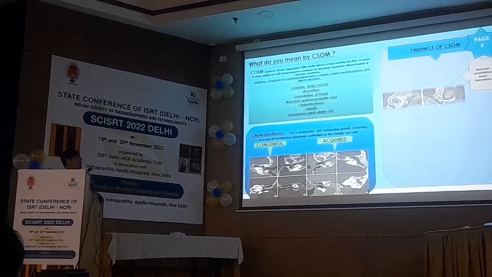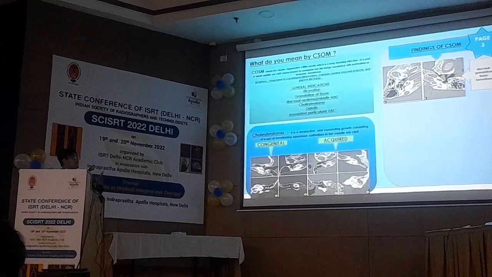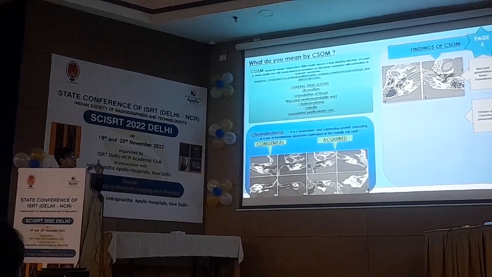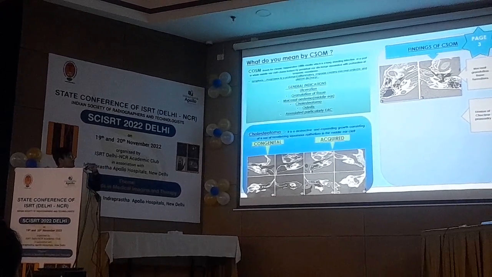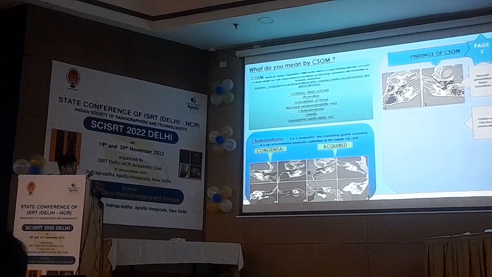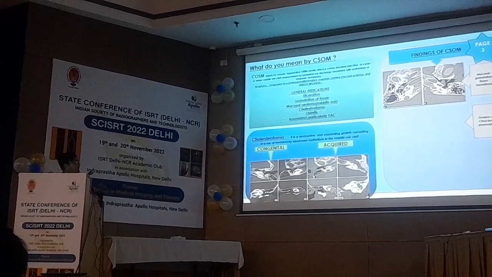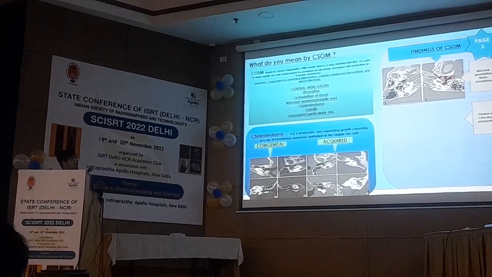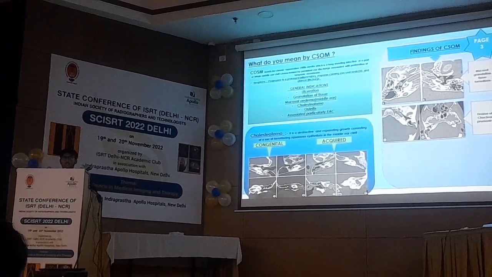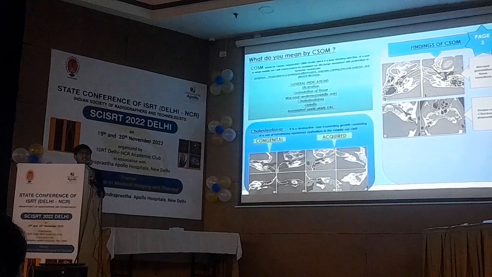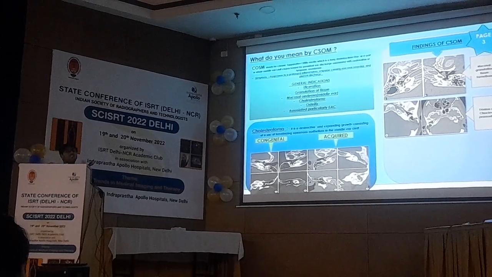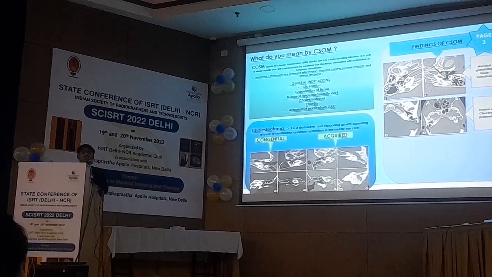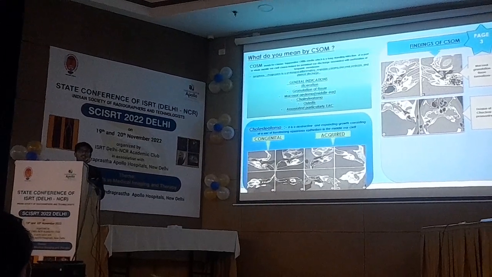And these are a few examples in which you can see the proliferation in the middle ear. This includes the decrease of the trabeculae in the mastoid sinuses, the growth of the proliferation in the inner ear, and also the erosion of the scutum and the tegmen tympani. These are the main important sections that we have to look at in CSOM evaluation.